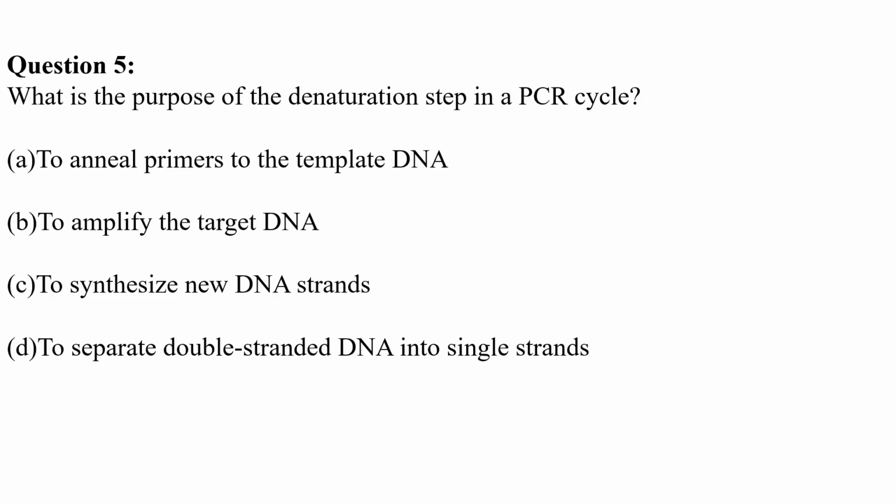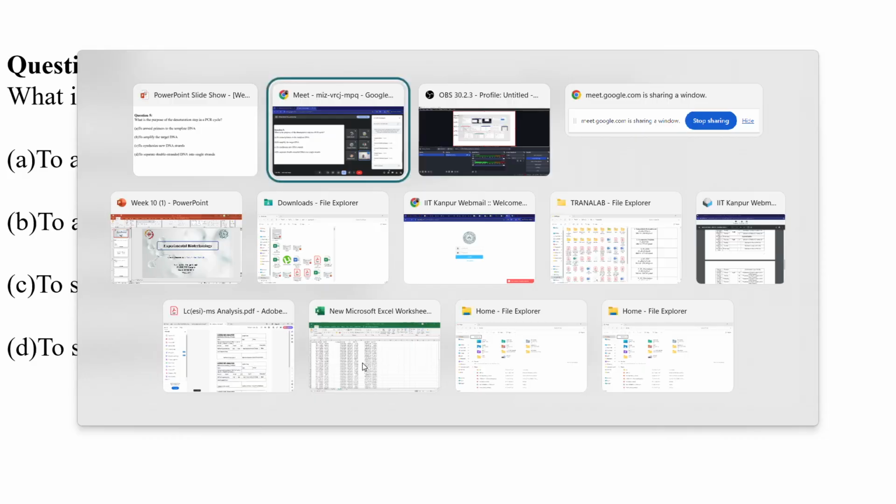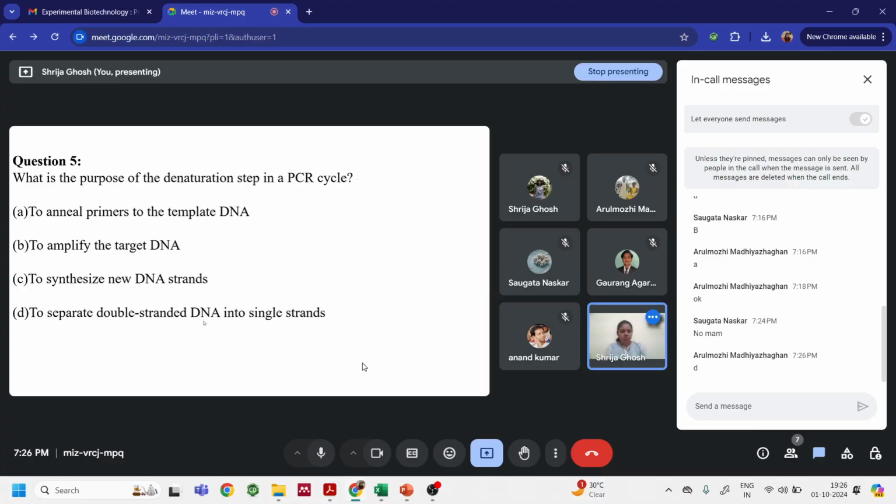What is the purpose of denaturation step in a PCR cycle? To anneal the primers to the template DNA, to amplify the target DNA, to synthesize new DNA strands, or to separate the double-stranded DNA into single strands. Okay, we have one answer, option D. So both of you are answering option D. Anyone else wants to answer?